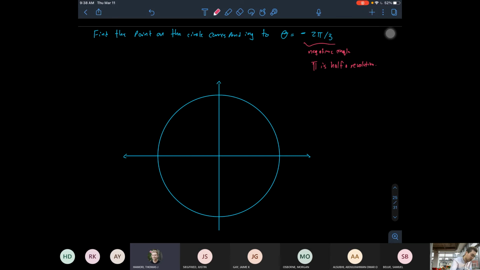So I should do 2/3 of a negative half of a revolution. So this whole angle from here to here would be negative pi. If we had an angle which was just straight across like this, that angle would be negative pi. So I'm just going to do negative 2/3 of that.